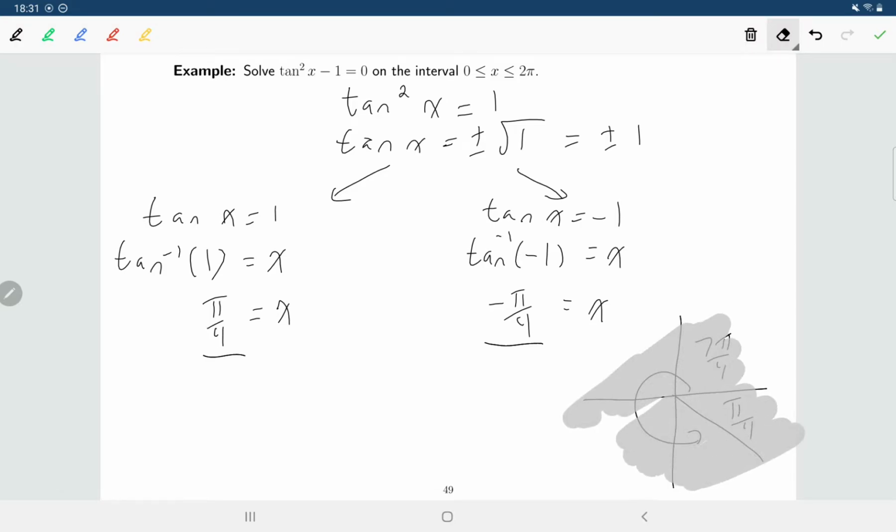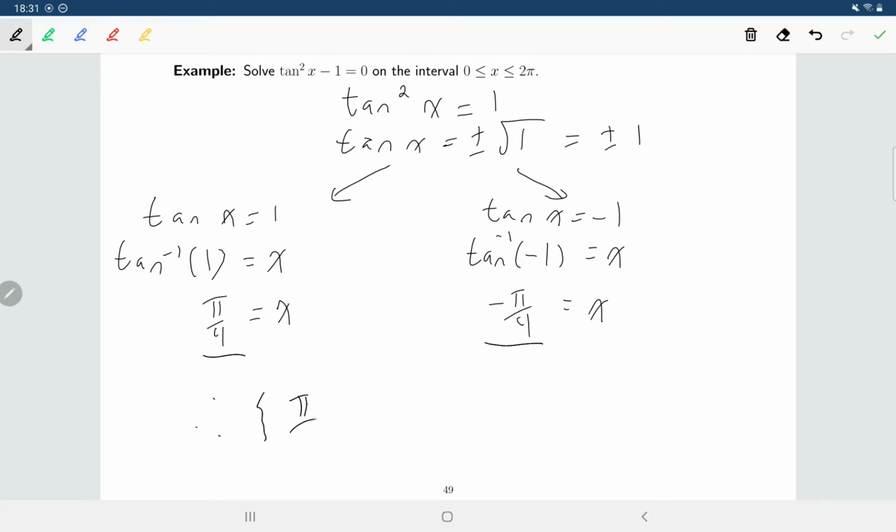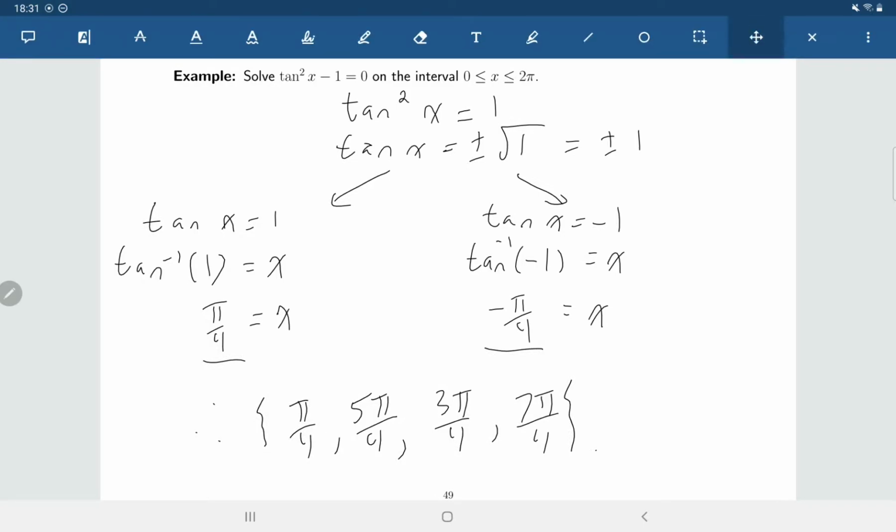So for these angles, we have that two of them make tangent have a value of +1, and those would be the values of pi over 4 and 5 pi over 4. And there's two values where tangent has a value of -1. That's at 3 pi over 4 and 7 pi over 4. So there we go. These are all the solutions for this trig equation.